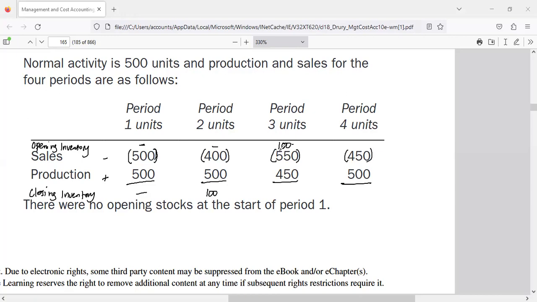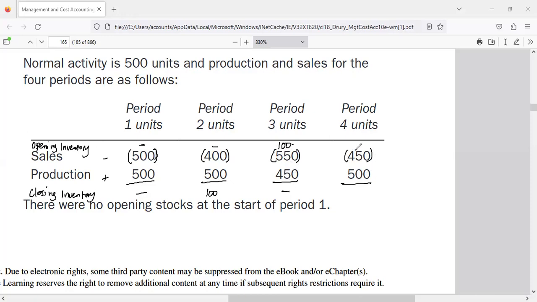Then minus the units sold, that is 550. So closing inventory is 0. There is nothing. Why? Because the units available for sale, that is 100 plus 450, giving you 550. All those units were sold, so there is no closing inventory.